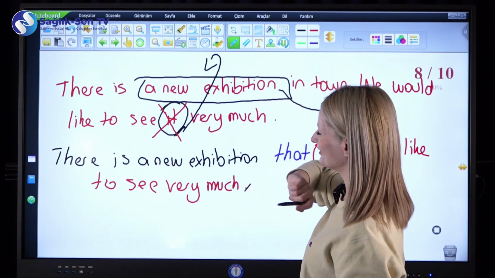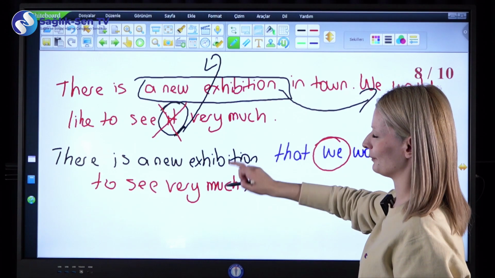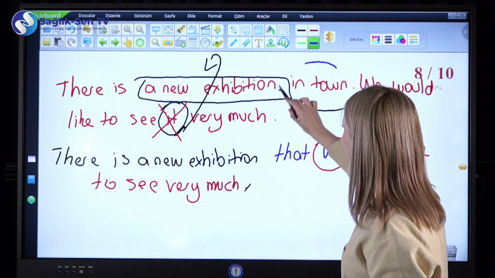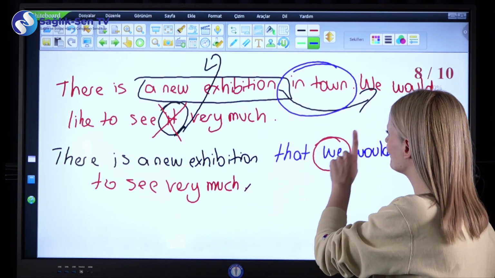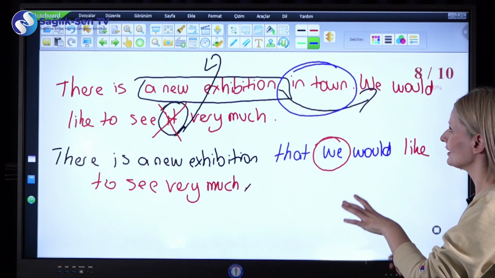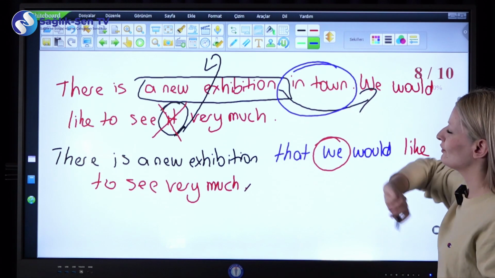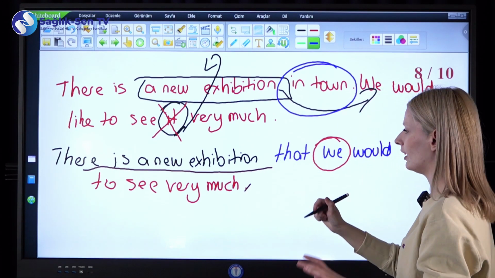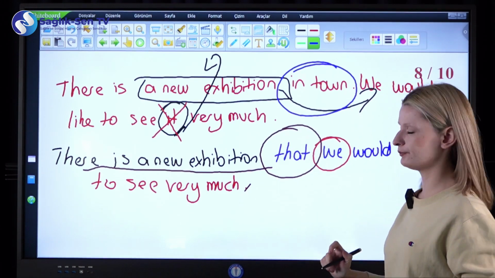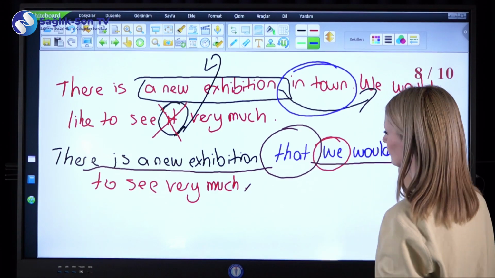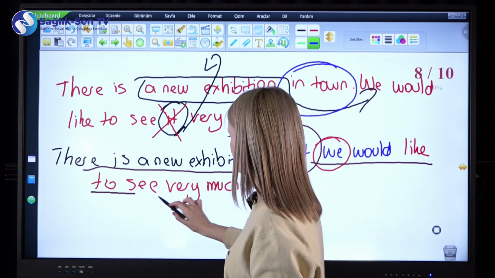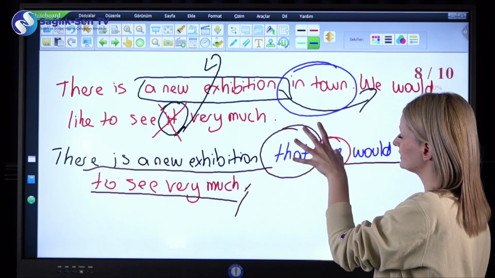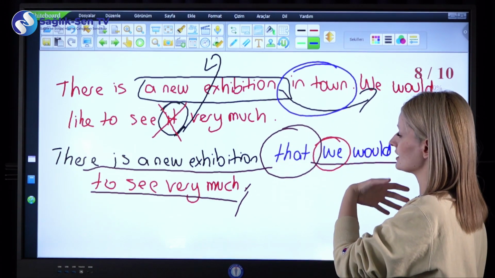Okay, we have forgotten something in this example. As you can see, there's a new exhibition. And the missing information is that it is in town. So how are we going to add this to the sentence? Till here, it's fine. I added my relative pronoun and went on with the other sentence. But after this one, I should get back to the first sentence information, which is in town.